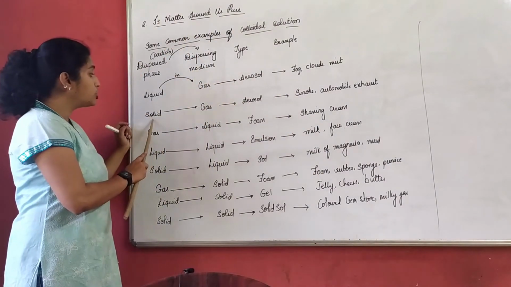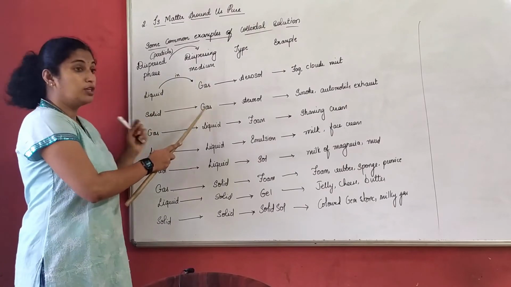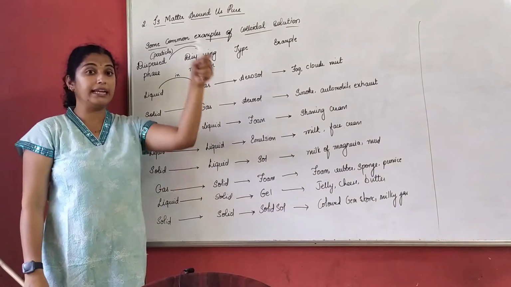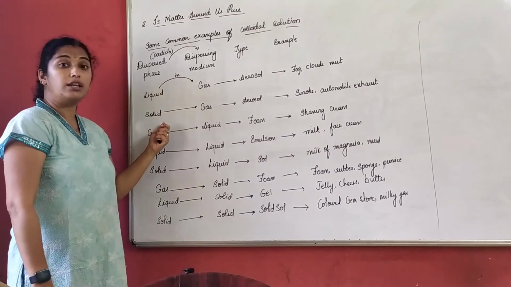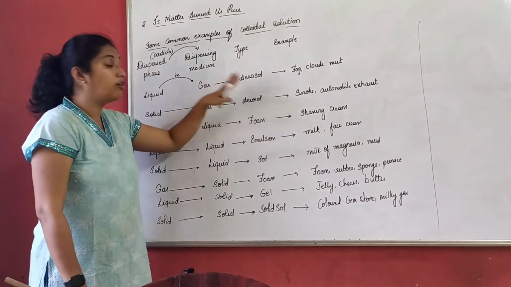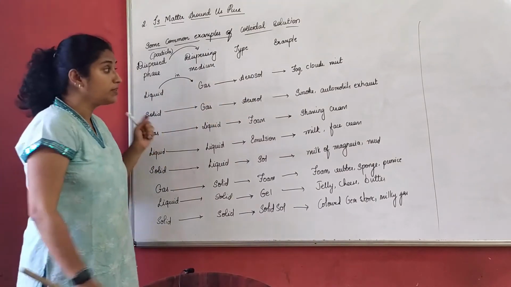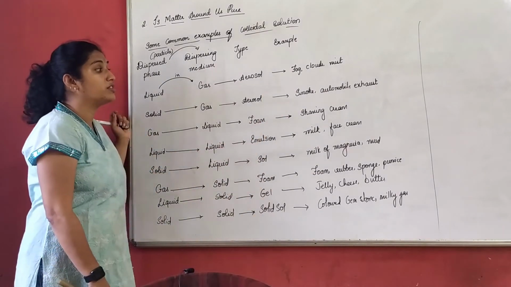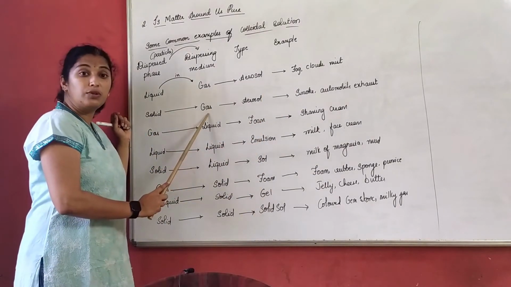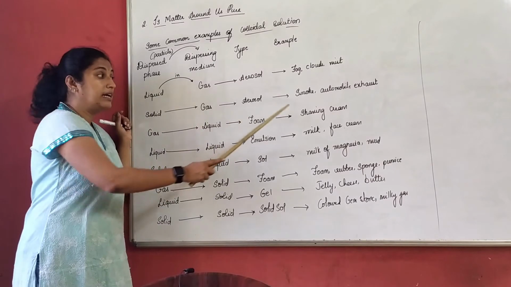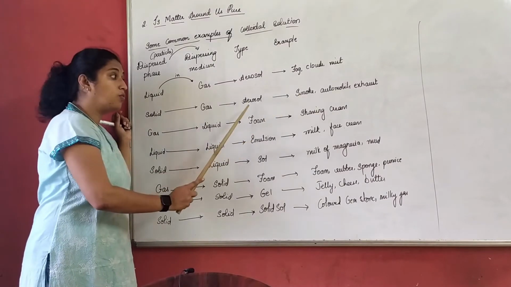Next one, solid in gas. So in a gas, we are adding 2 spoons of solid. What do we get? There also we get aerosol. What can be the example of aerosol there? Now again it is gas only. I am adding some solid. Example is here, see, smoke. Why aerosol?